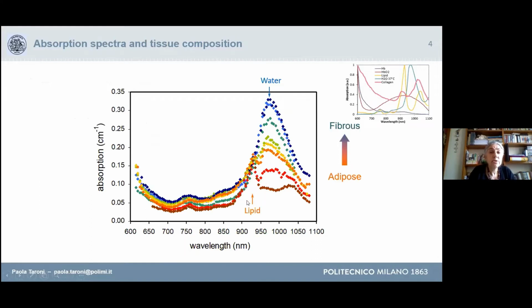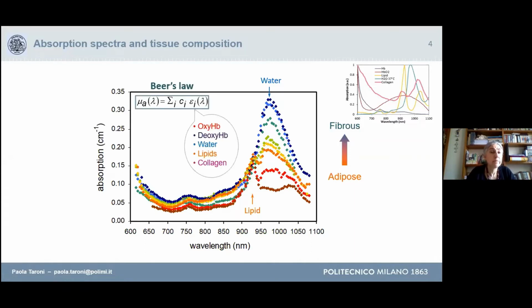For adipose tissue, the spectrum is dominated by lipid absorption, the yellow spectrum, at around 930 nanometers, while for dense fibroglandular tissue, the absorption is stronger and dominated by water at 980 nanometers. And we also see, even though less apparent, the contribution from blood at short wavelength and collagen at longer wavelength. So qualitatively, we see the effect of tissue composition on absorption.